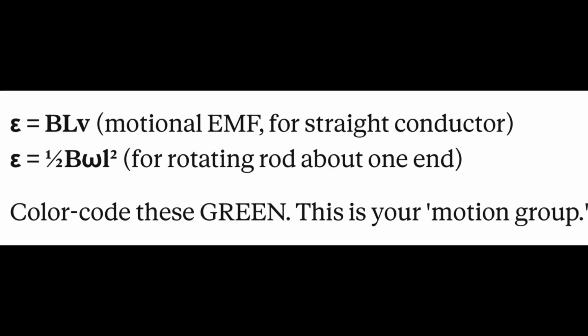If the question shows a conductor moving through a magnetic field, like a rod sliding on rails, then you can use these formulas. Have a look on the screen. You can color code these formulas as green.